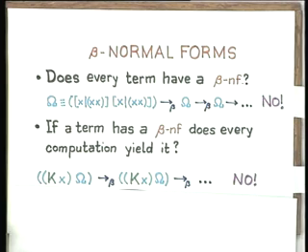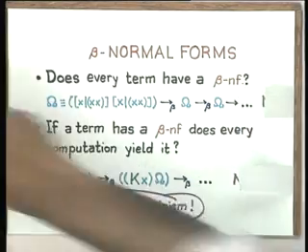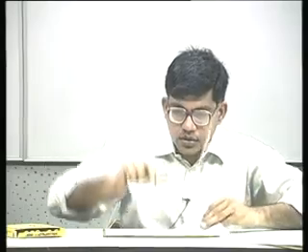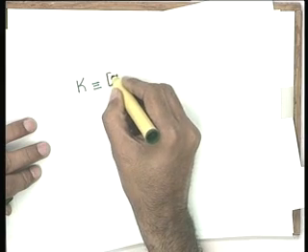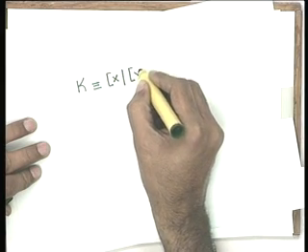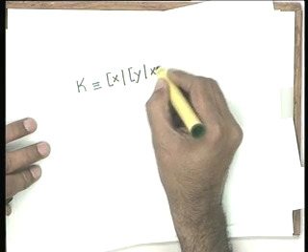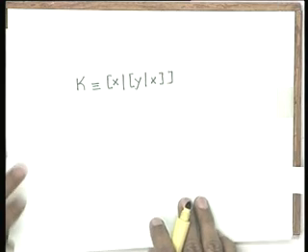So, if you take the term k, the combinator k is the projection combinator. If you remember, the combinator k is this combinator, right.